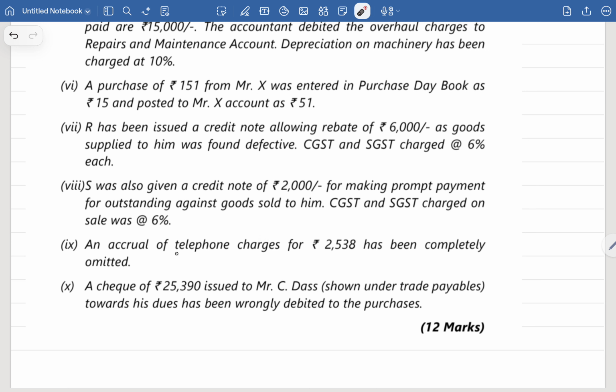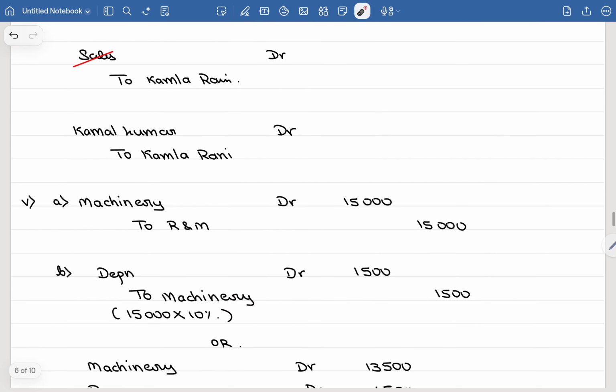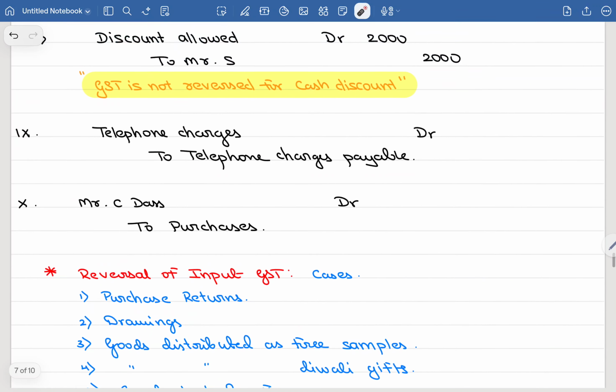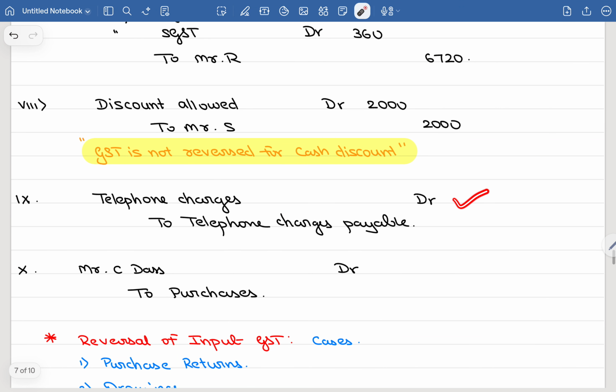Telephone charges is a nominal account. So I will debit it to telephone charges, and credit telephone charges outstanding or payable. That is a personal account, representative personal account. So simple journal entry for the ninth one: telephone charges account debited to telephone charges payable.